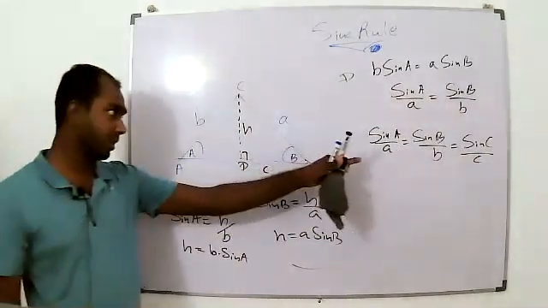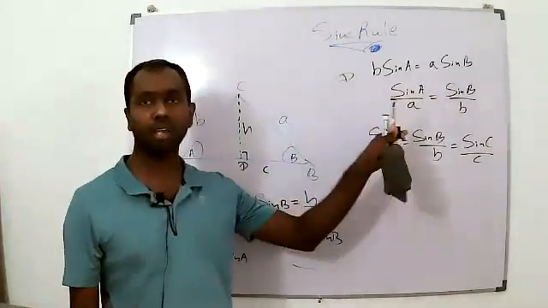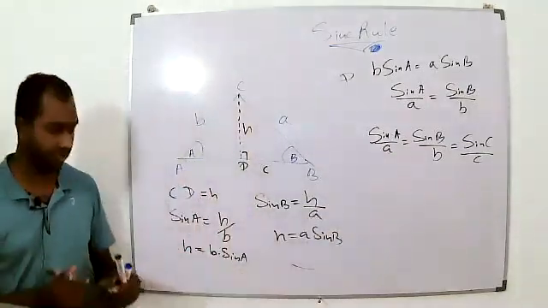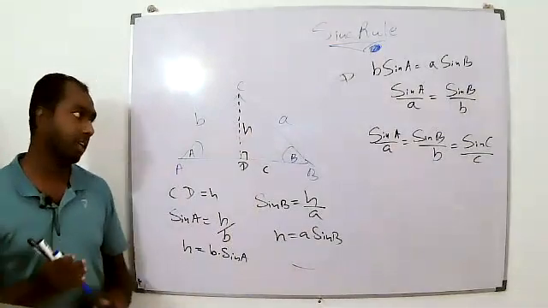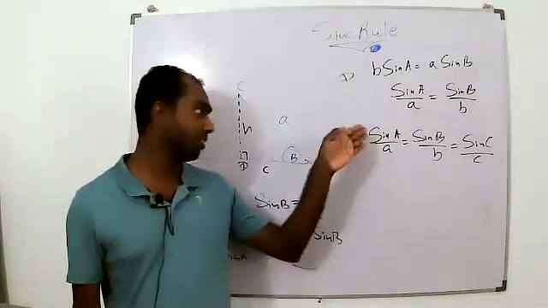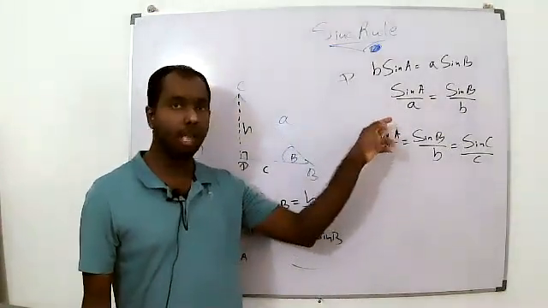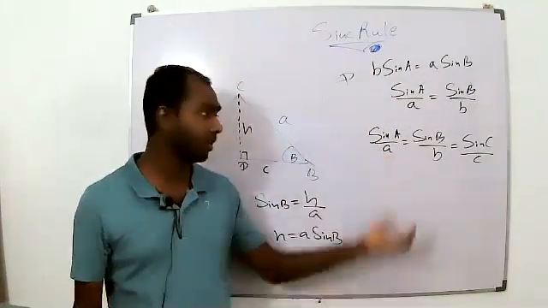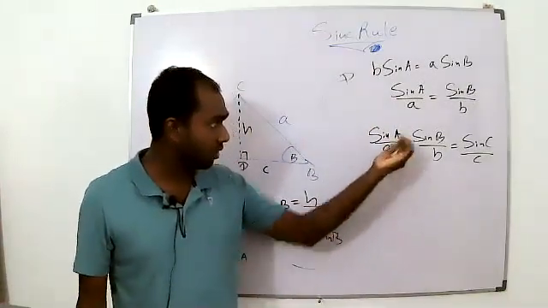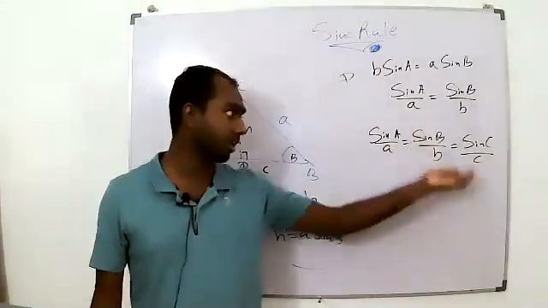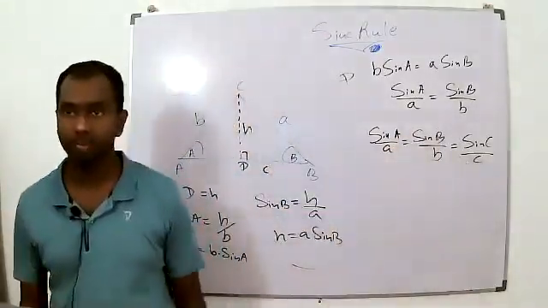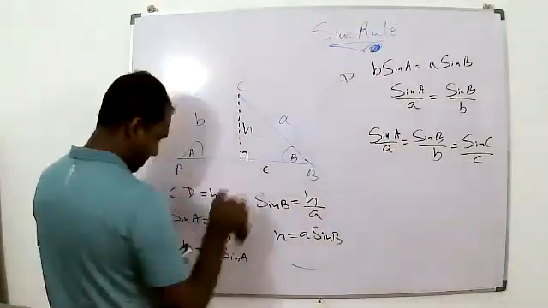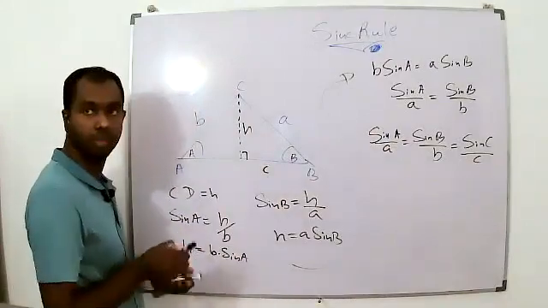For a given triangle, the ratio, meaning the division, between the sine value of an angle and its corresponding side length is a constant. That way. Okay. I marked this length as H here.